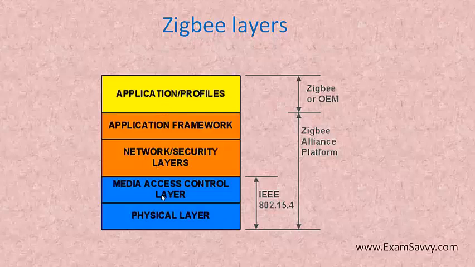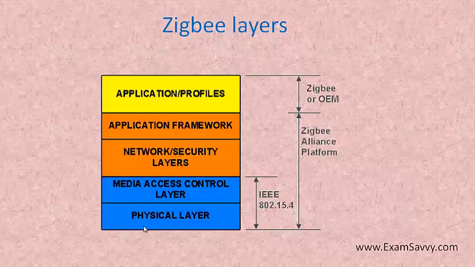And next is the physical layer. The physical layer is mainly concerned with low-level operations like addressing and message transmission or reception. That is divided into two layers: the media access control layer and the physical layer. These two are combinedly called the physical layer. The media access layer is responsible for outgoing data and incoming data. In case of outgoing data, it determines where the data is going. In case of incoming data, it checks where the data has come from.